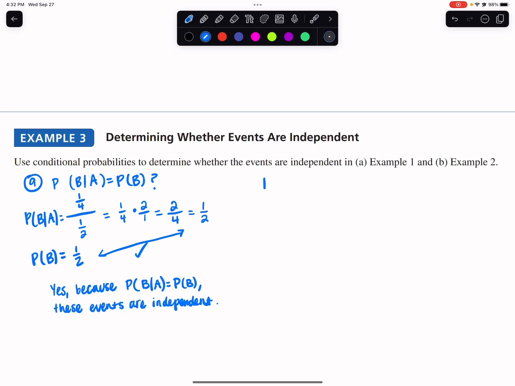All right, part B. We're going to find the same thing, the probability of B given A. Does that equal the probability of B? So the probability of B given A for example 2.